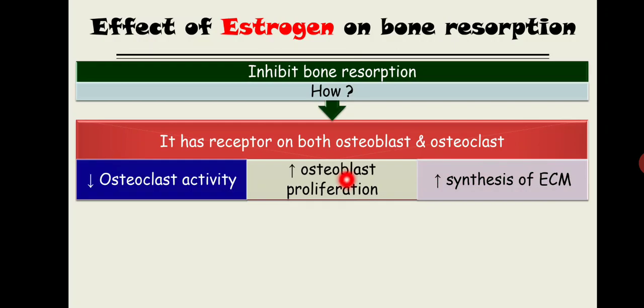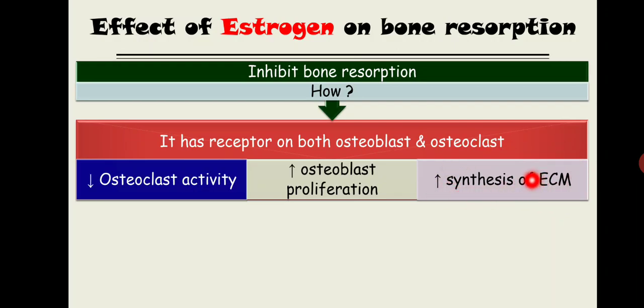Obviously whenever estrogen increases osteoblast formation, this osteoblast is going to secrete the extracellular matrix. So these are the three primary actions of estrogen over the bone: it decreases osteoclastic activity, increases osteoblast proliferation and increases synthesis of extracellular matrix.